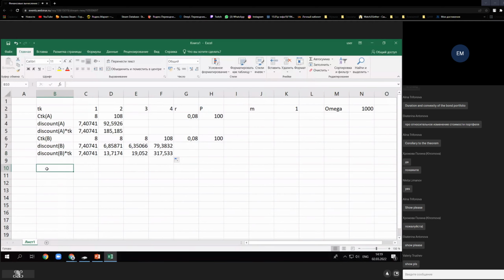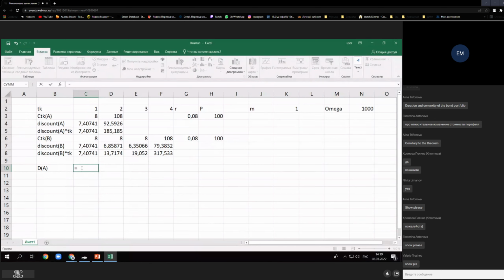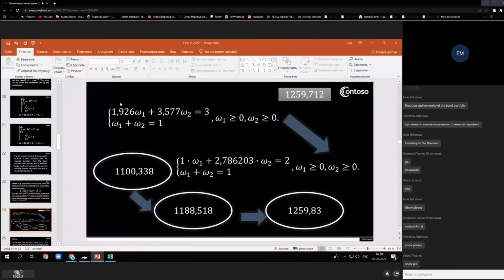And to find the duration of bond A, you should summarize these terms and divide it by current price. As you can see, it's absolutely equal to the number I have shown you here.